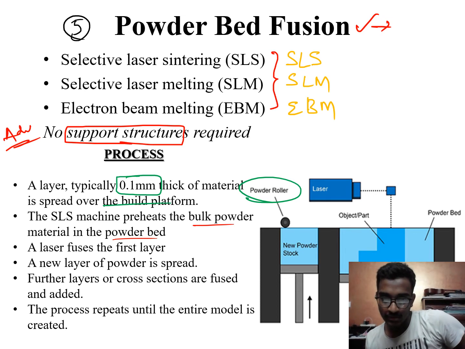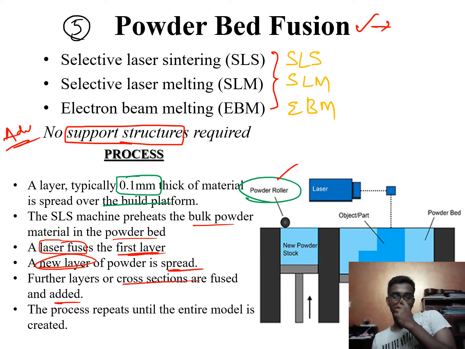A laser fuses the first layer, and then a new layer of powder is spread by the powder roller. Further layers of cross sections are fused and added. The process repeats until the entire model is created.